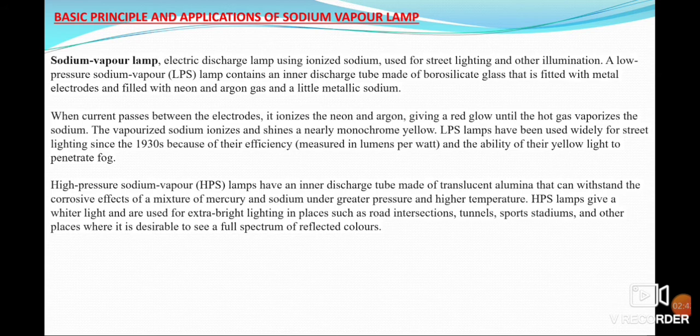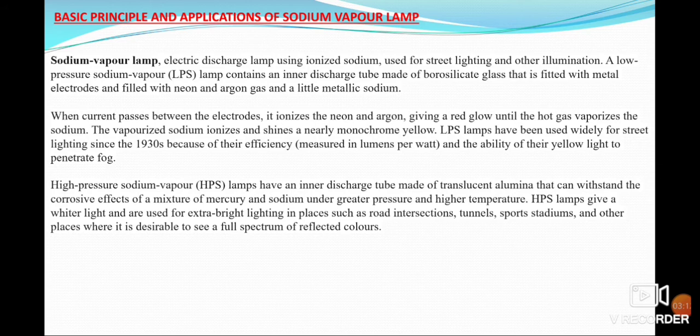penetrate through the fog. Now in case of high pressure sodium vapor lamps, it has an inner discharge tube that is made of translucent alumina that can withstand the corrosive effects of a mixture of mercury and sodium under greater pressure and high temperature.